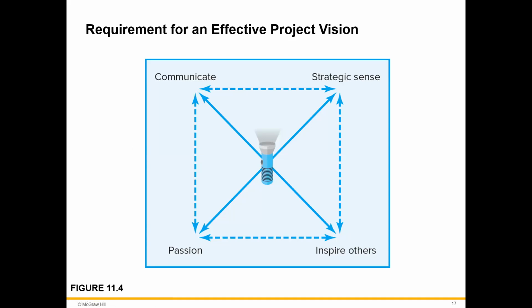Make sure that everybody shares a strategic sense of purpose altogether. Create a passion so that everybody's on the same page, and inspire others. You want to communicate that passion to other people and inspire them. Make sure that they understand what is going on, know exactly how to manage a team, and most importantly, how to reward everybody all together.